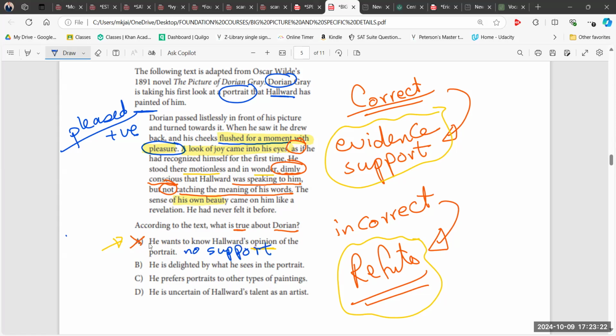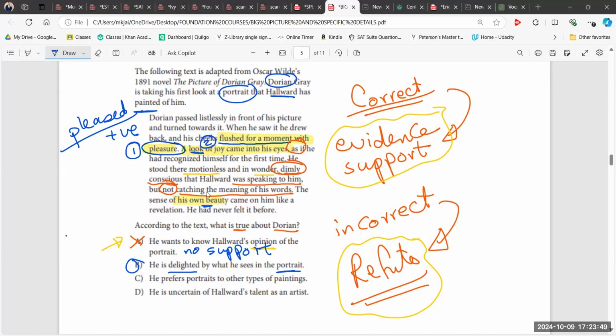So what's your choice then, Ziad? B. Yes, he's delighted by what he sees in the portrait. Do I have one support? Correct. Yes, more than one. Pleasure, a joy when he looked at his own beauty. So all these, what do they support? The delight, the feeling. What kind of feeling?